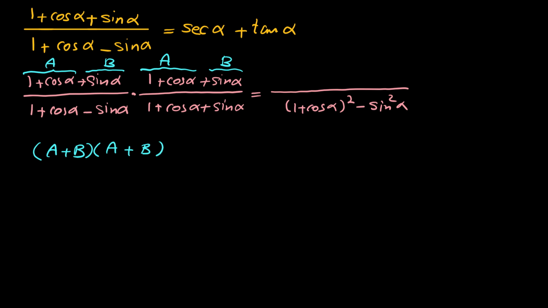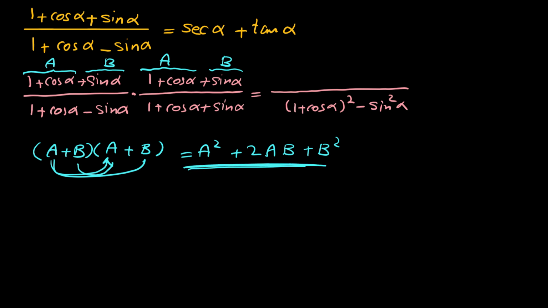And we know that a plus b times a plus b is a to the 2, 2ab, b to the 2. Because a times a is a to the 2, but then we have ab and ba, and this is a famous identity. And b times b is b to the 2. So this way is much better than multiplying the numerator by numerator, term by term.